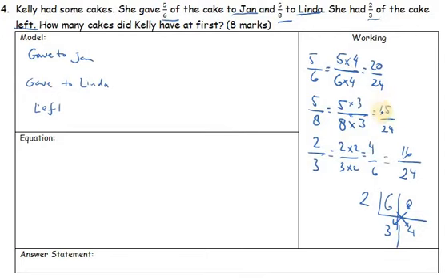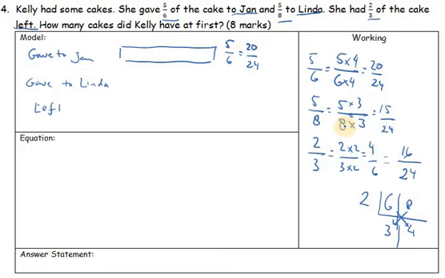As you can see, with the same denominator, this one is the greatest fraction, so we need to draw it with the longest bar. 5 out of 6 is equal to 20 out of 24.